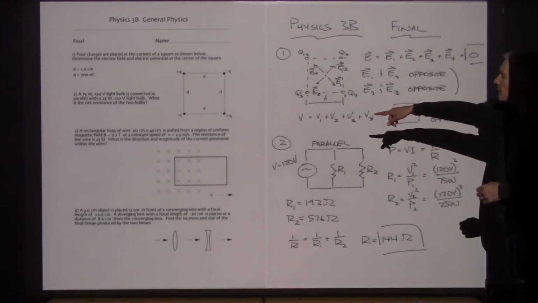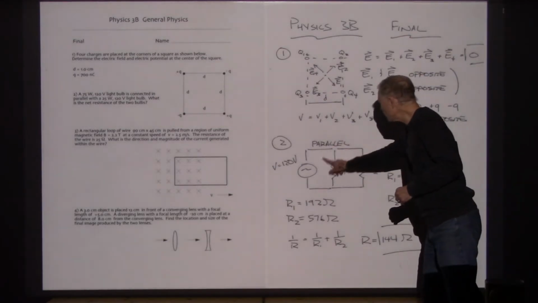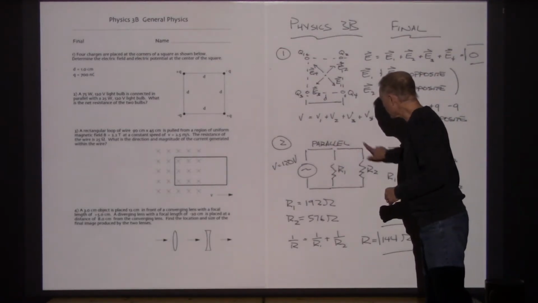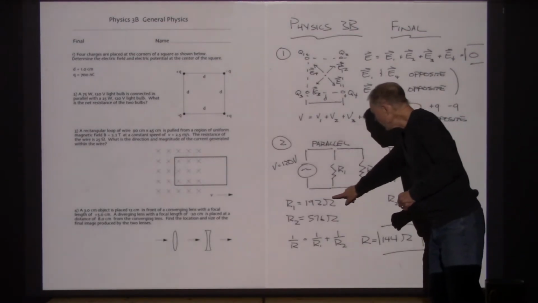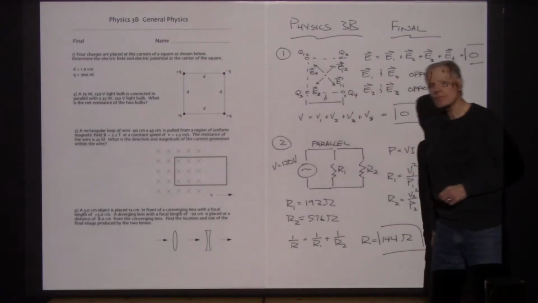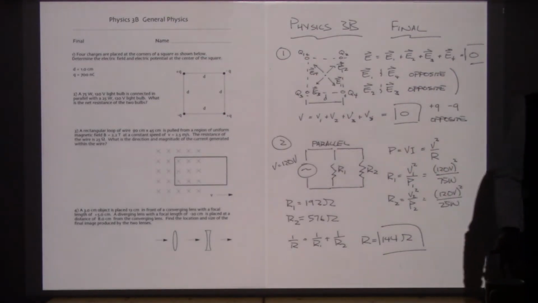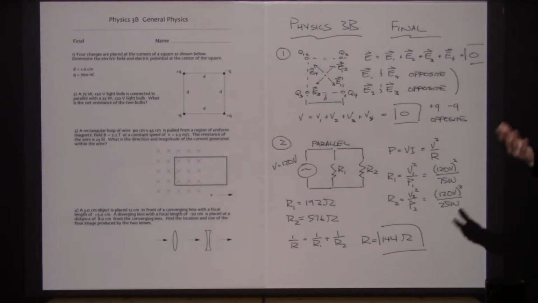Now the question was asking how much resistance would be in this circuit if I've turned on just these two light bulbs. Well, I've got to combine 192 and 576, but they have to be combined in parallel. Because I have two resistors in parallel, the overall resistance is going to drop.